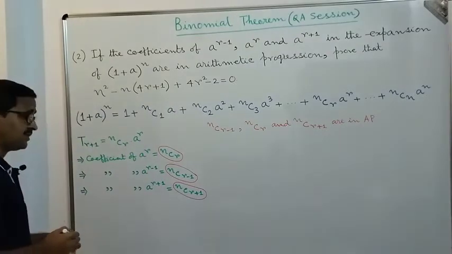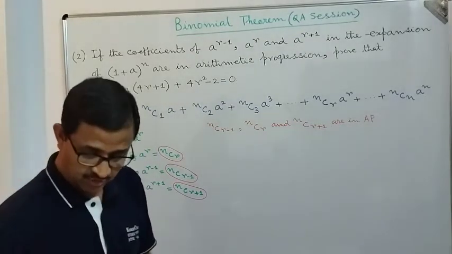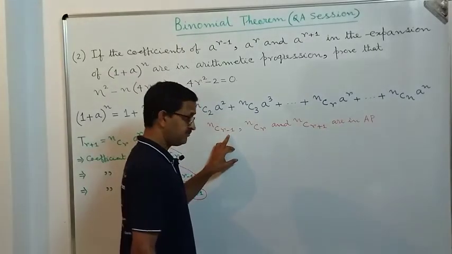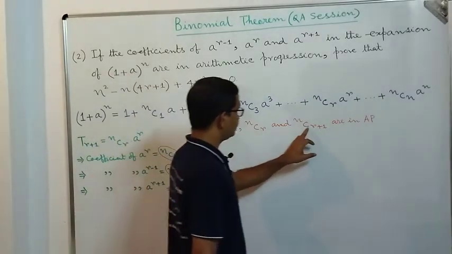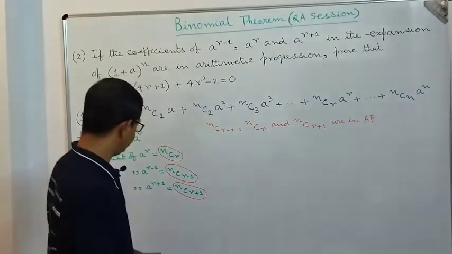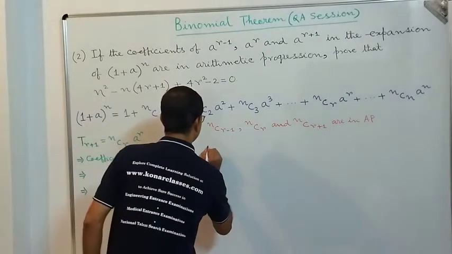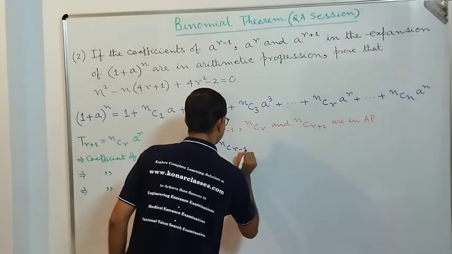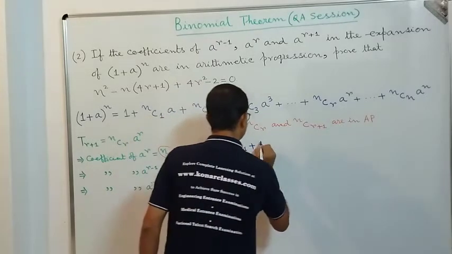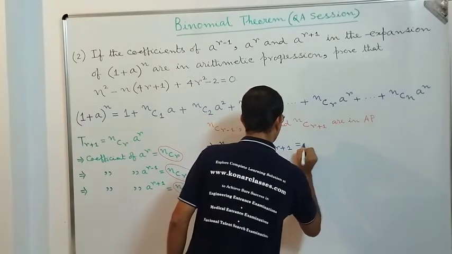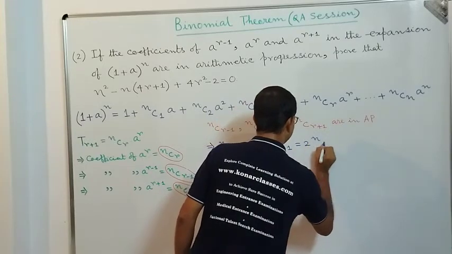Then what we can write, dear students, from here? We can say that ncr minus 1 plus ncr plus 1 is equal to 2 into ncr. Correct or not? So ncr minus 1 plus ncr plus 1 is equal to 2 times of ncr.